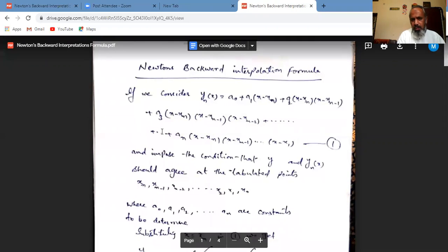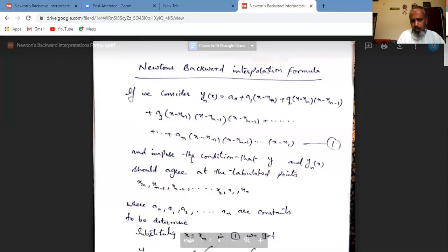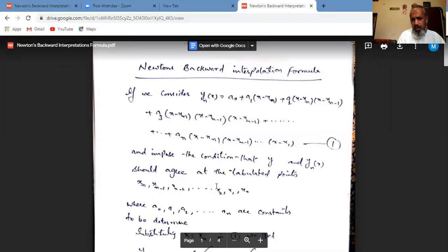We are using this polynomial as equation 1 and impose the condition that y and yn(x) should agree at the tabulated points, that is xn, xn minus 1, xn minus 2, xn minus 3, ..., x2, x1, x0. So these are n plus 1 points.